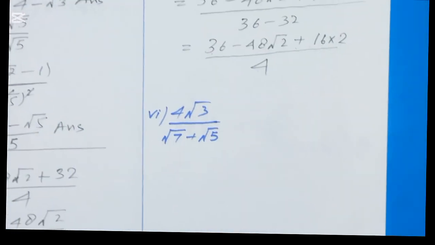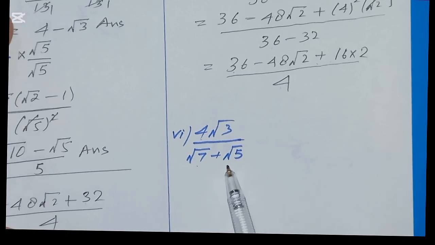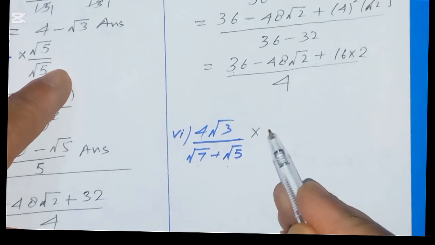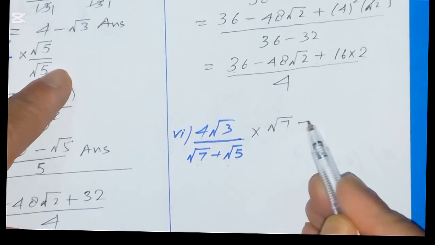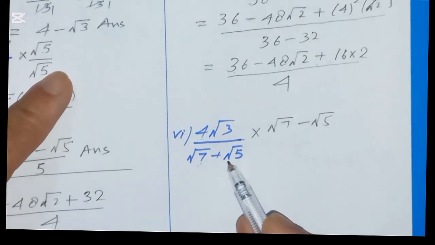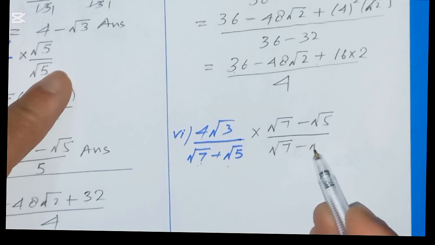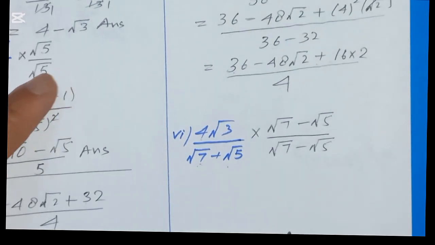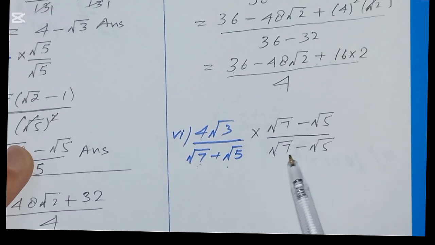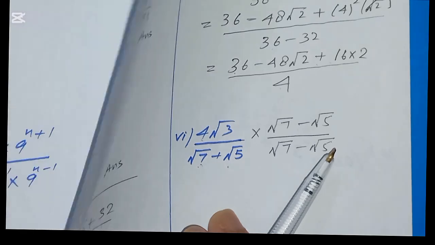And the fourth part is here, 4 under root 3 by under root 7 plus under root 5. We want to rationalize this. For this purpose we multiply numerator and denominator by the conjugate of under root 7 plus under root 5. So we multiply it, under root 7 minus under root 5.